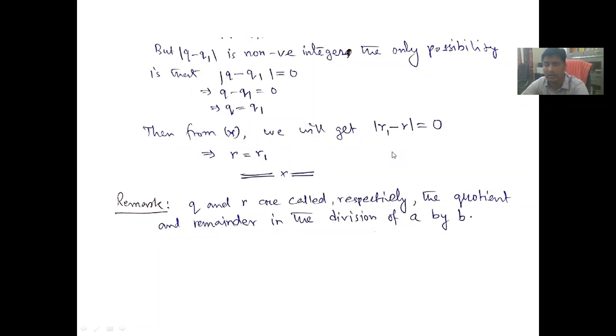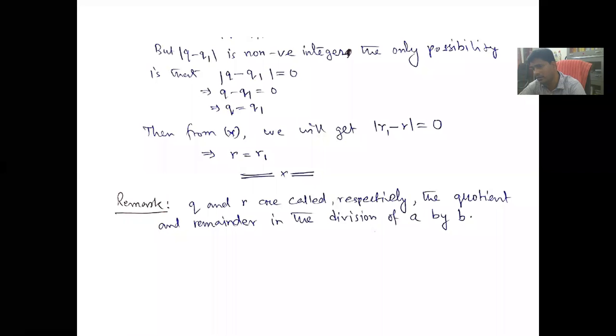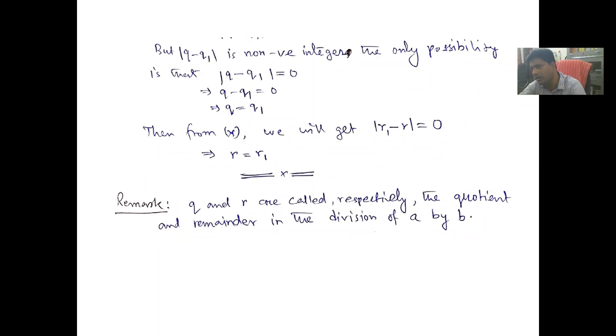So you take two representations, A equals BQ plus R and A equals BQ1 plus R1, and finally you get Q equals Q1 and R equals R1. That means the two representations are the same, that is, our representation is unique.